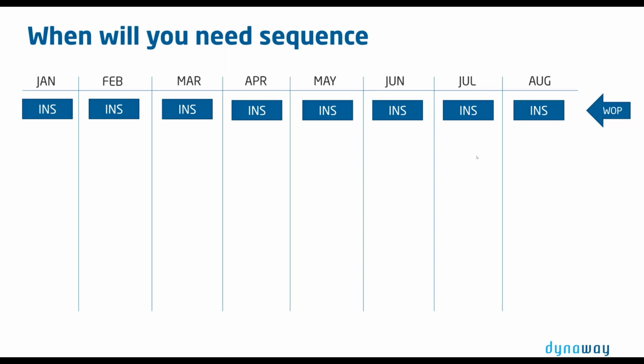But we also need to do a bigger inspection, which is handled every 3 months, right? So what you would do now is set another work order plan with the frequency calendar, and this one is every 3 months.